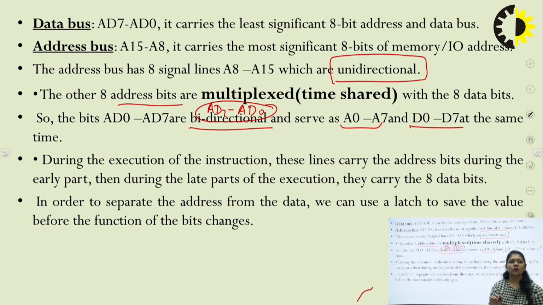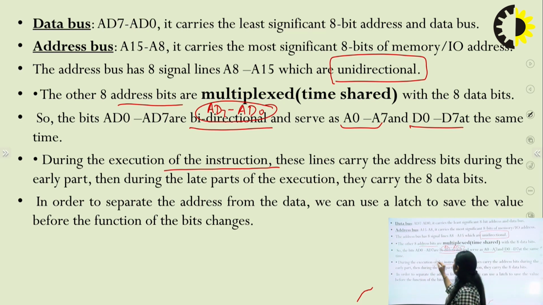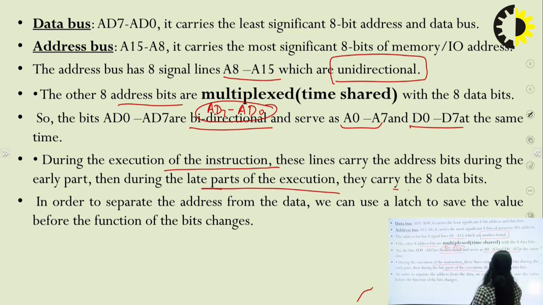During the execution of instructions, these lines carry the address bits during the early part. You will get to know more in the timing diagrams that in the earlier part of an instruction these pins carry the lower order address, and later they are used as the 8-bit data bus.